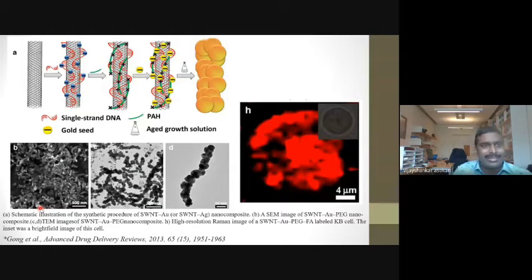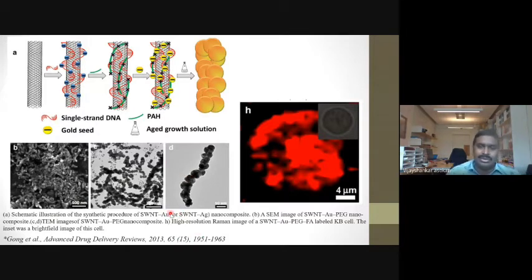For example, here is a single nanotube together with a gold particle or silver nanocomposites. So this single wall carbon nanotube with gold and PEG nanocomposites looks like this here, and the TEM images and scanning electron microscope images look like this.